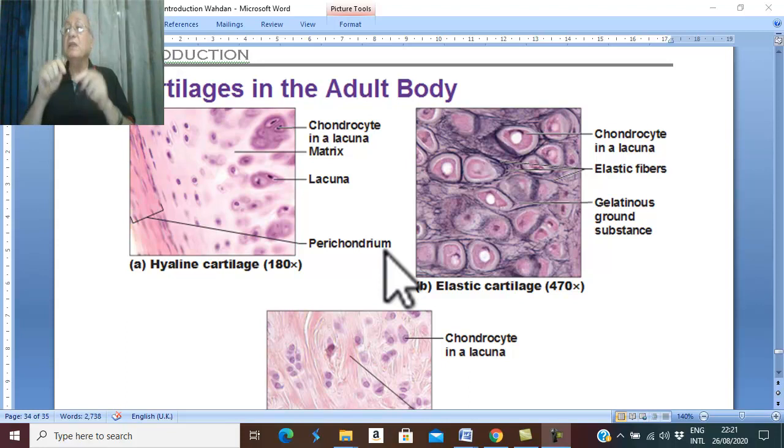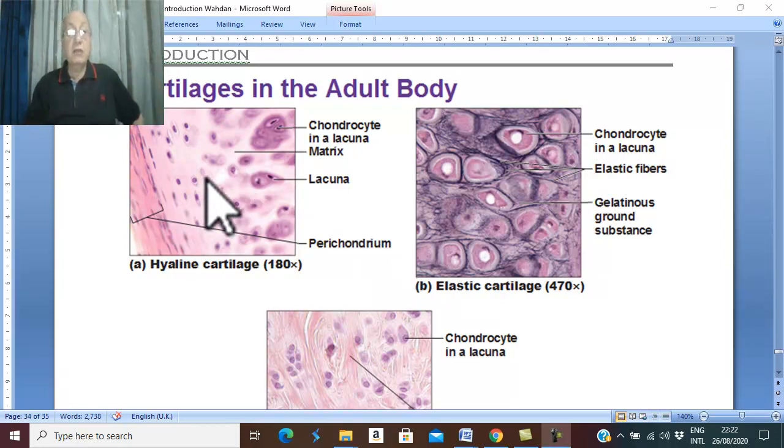Intracartilaginous ossification is important now. We said before that all long bones develop by a model of hyaline cartilage that appears in the fetus, and this hyaline cartilage is replaced gradually by bone.